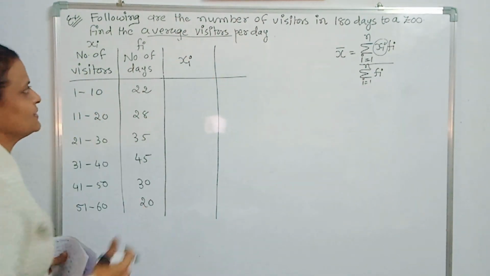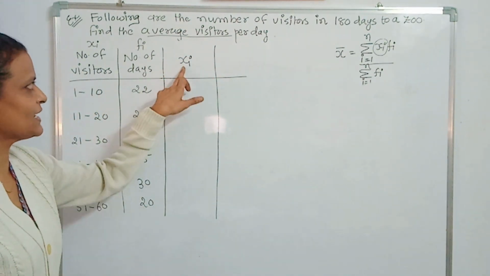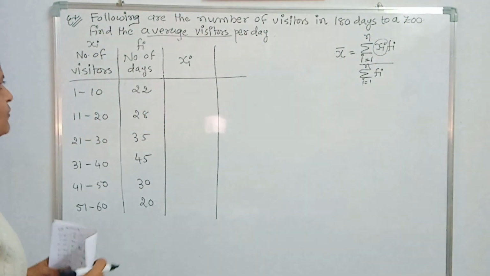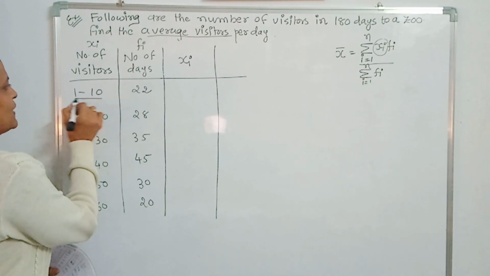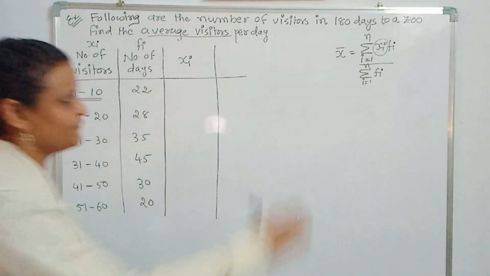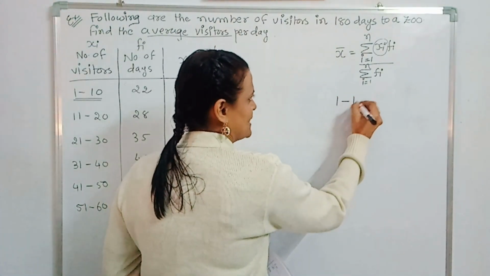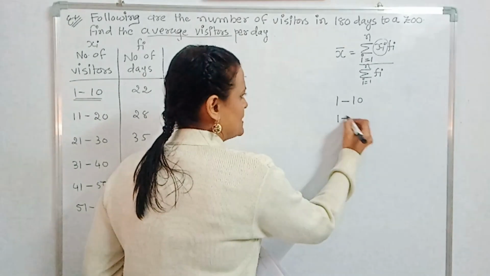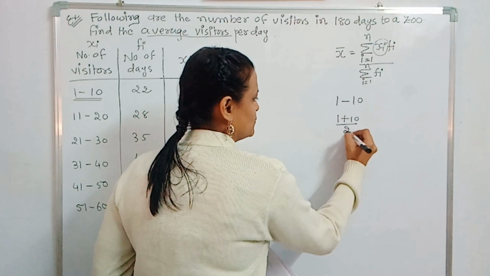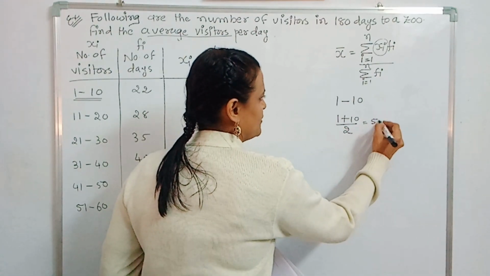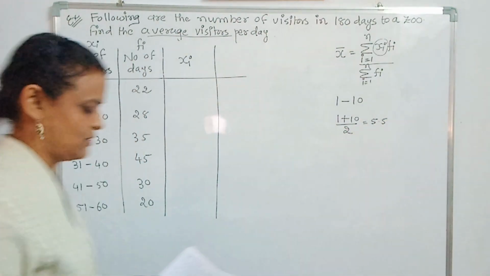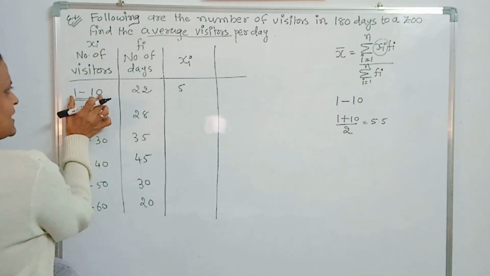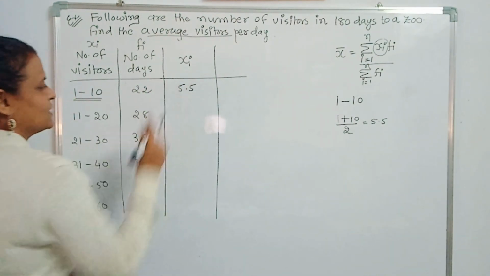Let us find the third column of xi which can be used in this equation. For that, we will take the average value of this range. See, the first range is 1 to 10. So how will we find the average value? 1 plus 10 divided by 2. This will give me 5.5. So the first value of xi based on this range is 5.5.